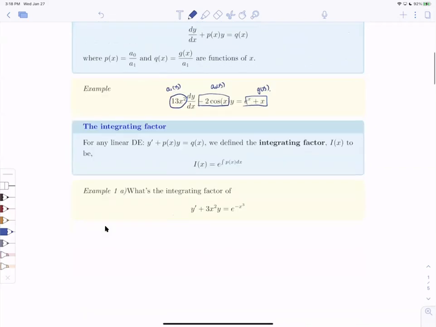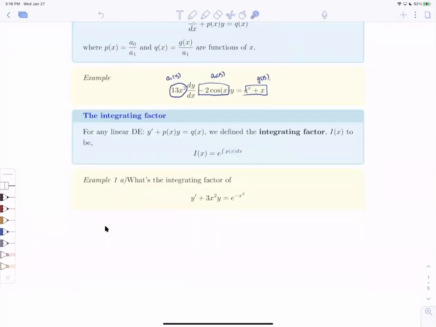So my question is, is this first order linear equation homogeneous or non-homogeneous? Non-homogeneous, okay? So this is non-homogeneous.